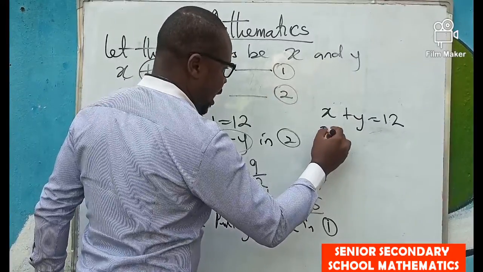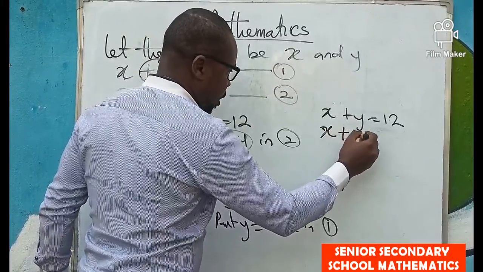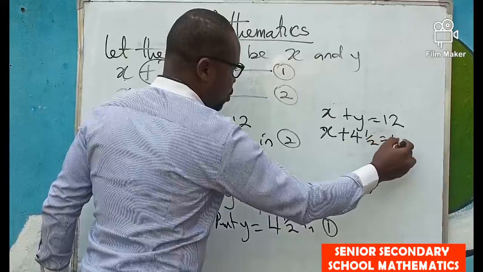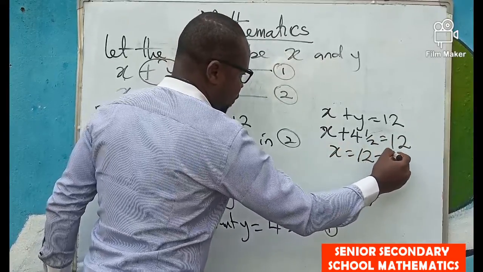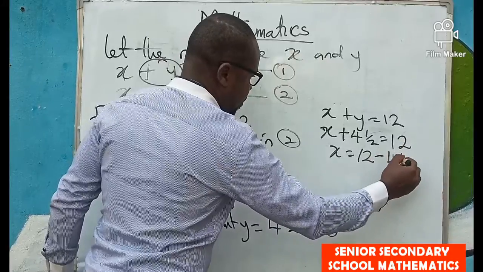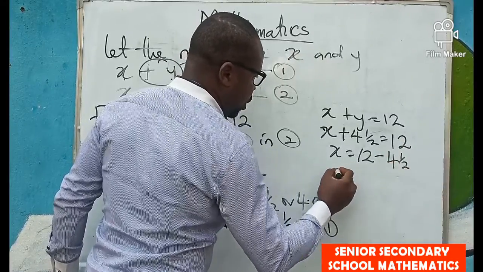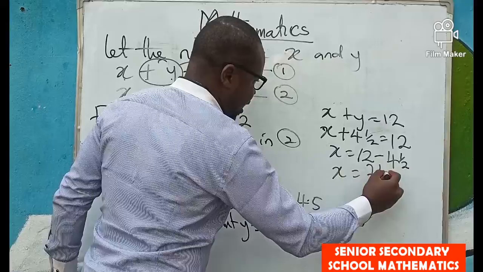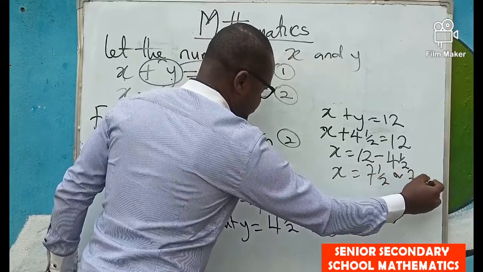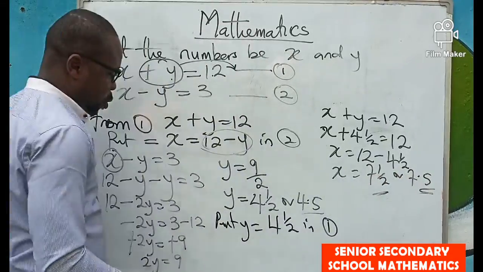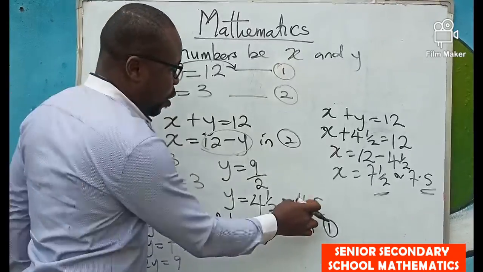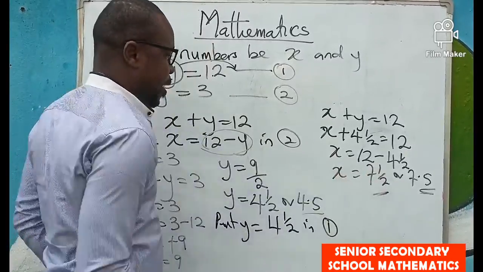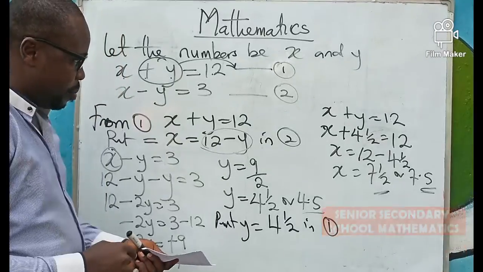So we have x plus 4.5 is equal to 12, meaning that x is equal to 12 minus 4.5, which will give us that x is 7.5. So in this question we've concluded that y is 4.5 and x is 7.5.